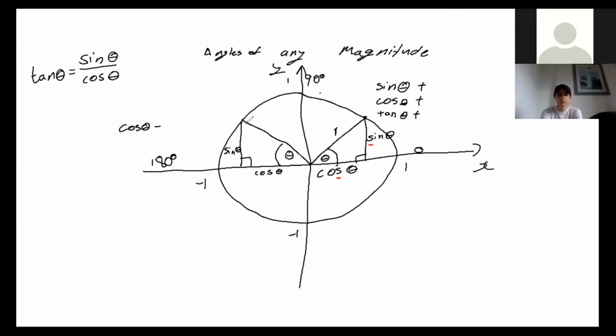Yeah. But what about my sine? Is my sine positive or negative? It's positive. It's still positive, right? Yeah. But what about tan? If my sine is positive but my cos is negative, my tan's going to be? Would it be positive?